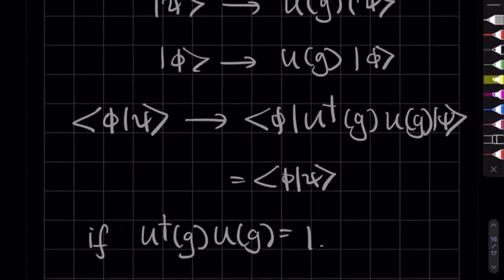And this is why we want in quantum mechanics the representations to be unitary transformations, okay? So this is the motivation. Do you understand that?